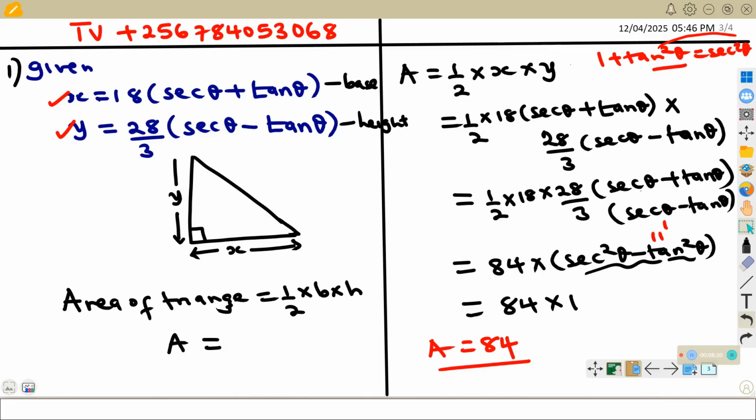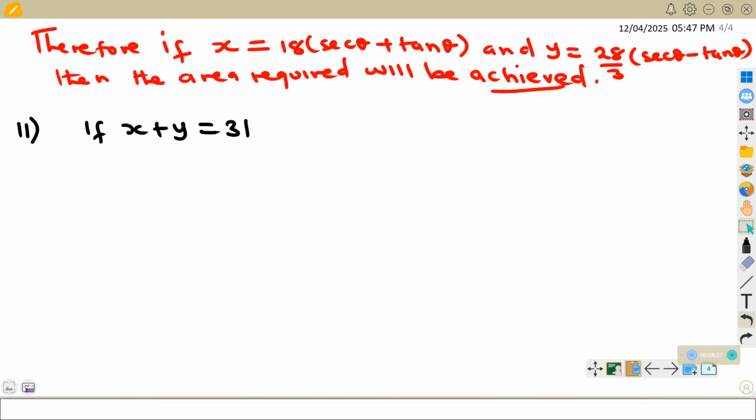So I want us to get another expression that relates x and y, because if you have x plus y as 31, you need another equation that relates x with y. So when you look at the area, which is the same as a half times x times y, I can get another expression which relates x and y. Our area is of course 84.